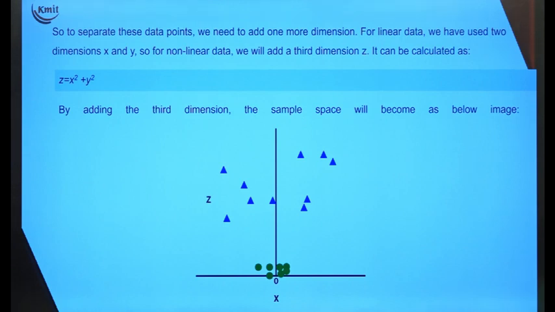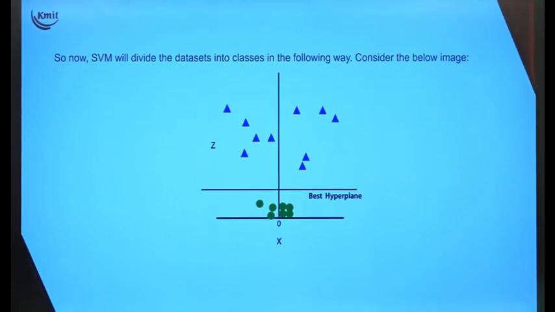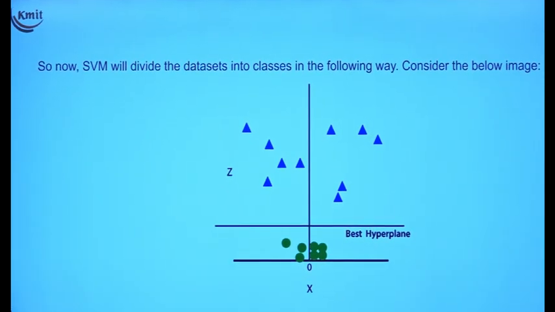Now it is very easy for us to draw the hyperplane. So just understand that if you have non-linear data, SVM will remove the nonlinearity by adding the third dimension and calculating the coordinates of the third dimension such that the data would be placed like this. Now I can draw the best hyperplane which will separate the green circles from the blue triangles.